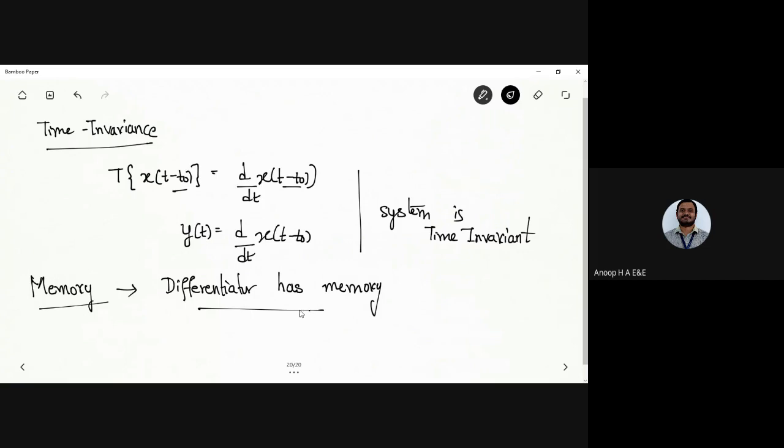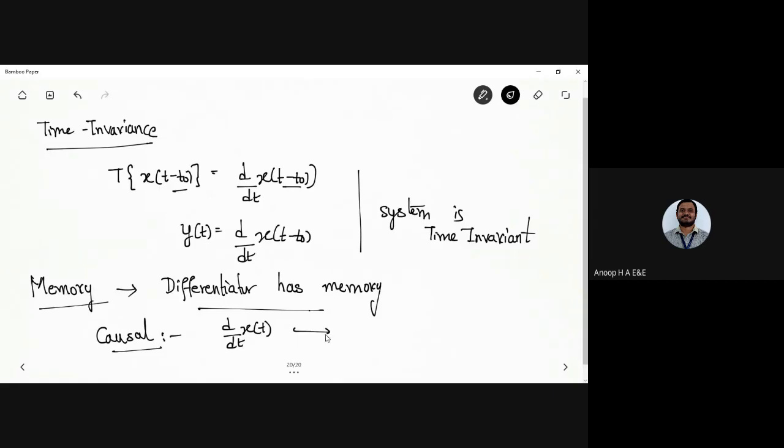Next one is causality. How are you going to define whether it is causal or not? I have d by dt of the input signal x of t. It doesn't depend on future values. It depends on either the past value or the present value which you differentiate, or a combination of both the present and the past value.